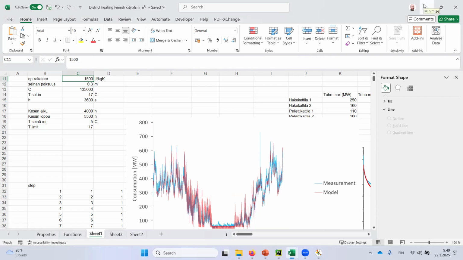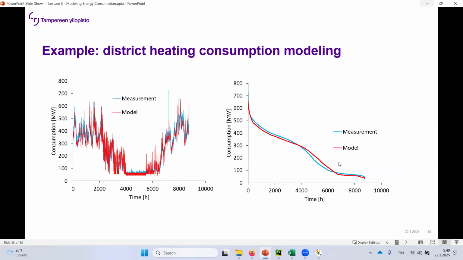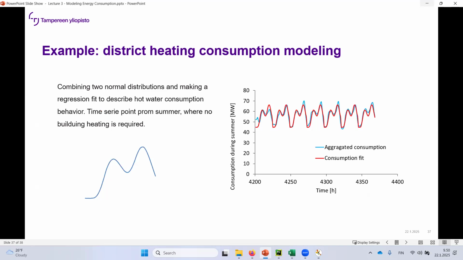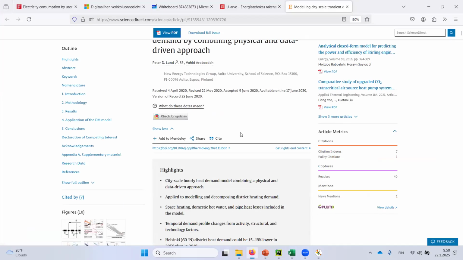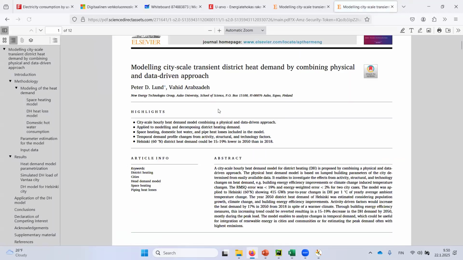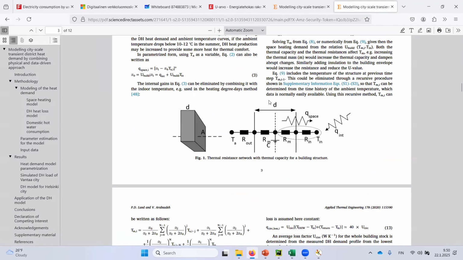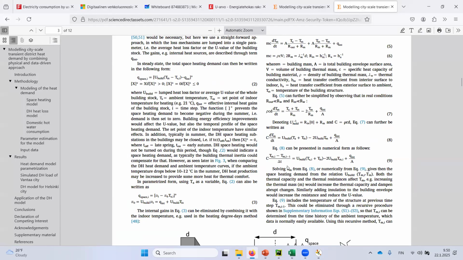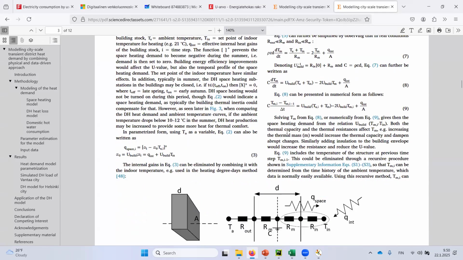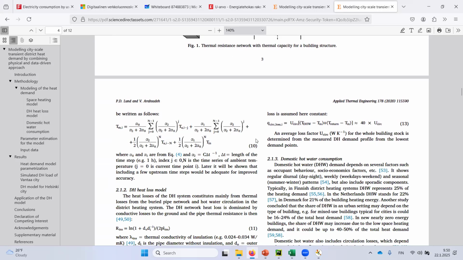We're not going to go into that level of detail in the calculation exercises, but I think that was an interesting technique that was utilized. So it's described in here in the article. So you can see how the building thermal inertia is taken into account in these equations.